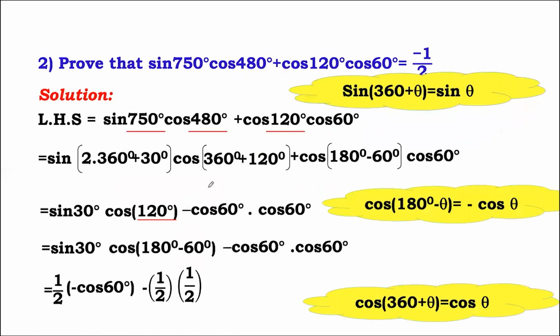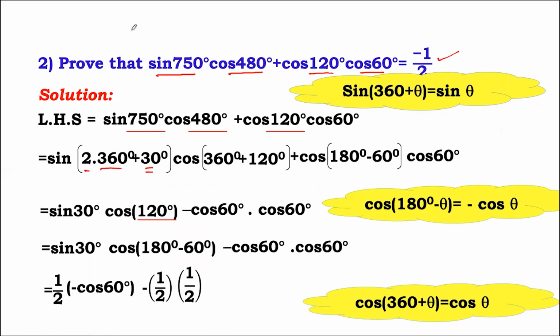So again with cot. Now if I give you the question: sine 750 degree, cos 480, cos 120, cos 60, we have to prove the value is minus half, right? One by one. 360 into 2 is 720 degree plus 30 degree.